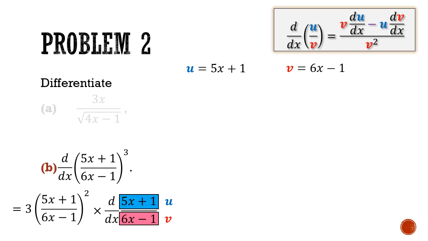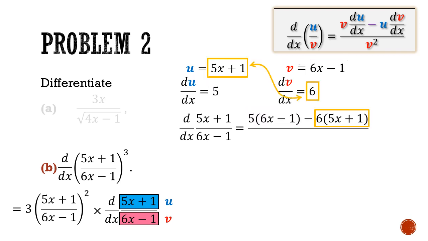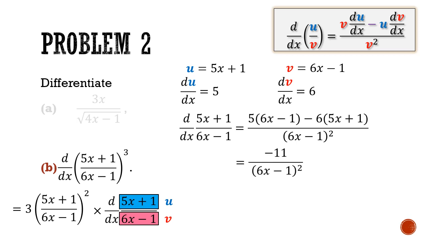This one's much easier. du dx is just 5, dv dx is just 6. So to apply our quotient rule, we'll have our v du dx minus our u dv dx over v squared. The x's will all cancel out nicely, and I'll just get negative 11 over 6x minus 1 squared.